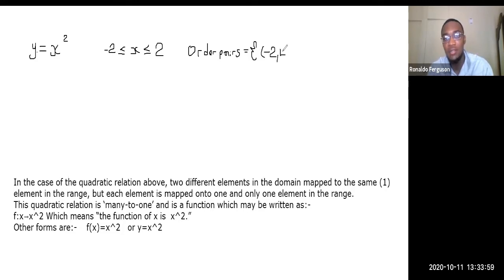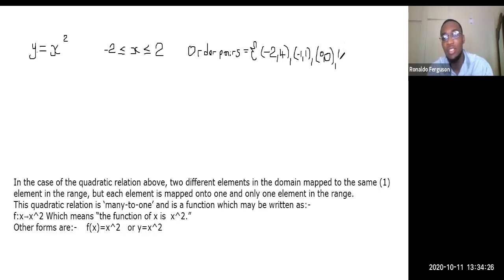And so we'll get (-2, 4). The next ordered pair that we would get is if I were to put in -1, what I'm going to get is -1 squared, which is 1. And then when I put in x as 0, the corresponding y value is also going to be 0.